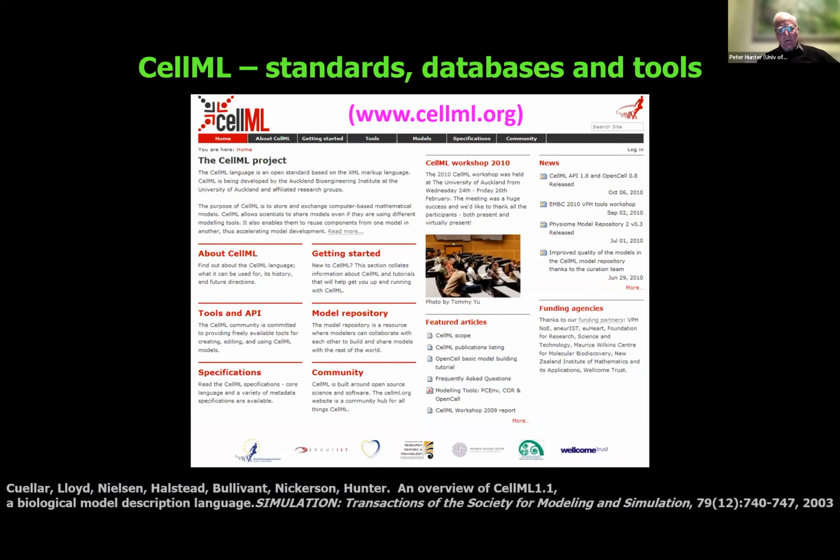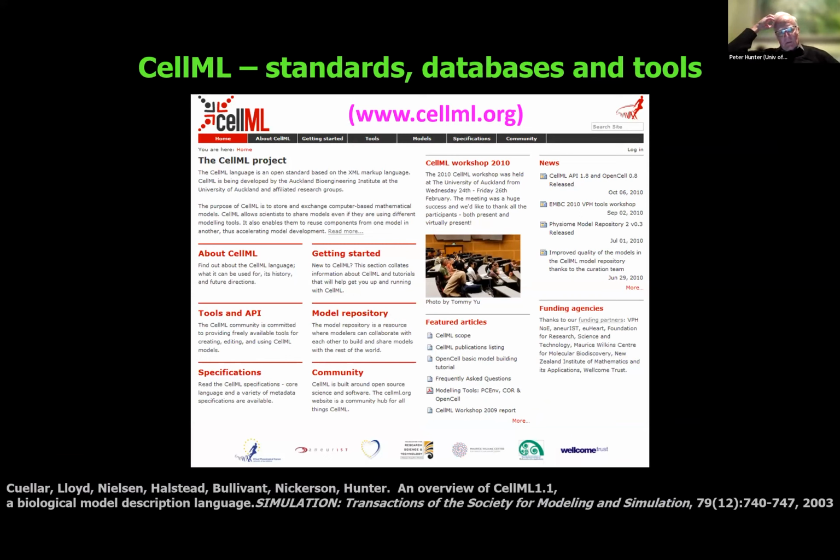The idea behind the standards was that because biology is so complex and the mathematics get so complex, we need to be very careful about being reproducible. A lot of the effort in the early days was to get in place standards that would allow models to be put into a form that could be demonstrably reproducible, so somebody other than the author of the model could make use of it.